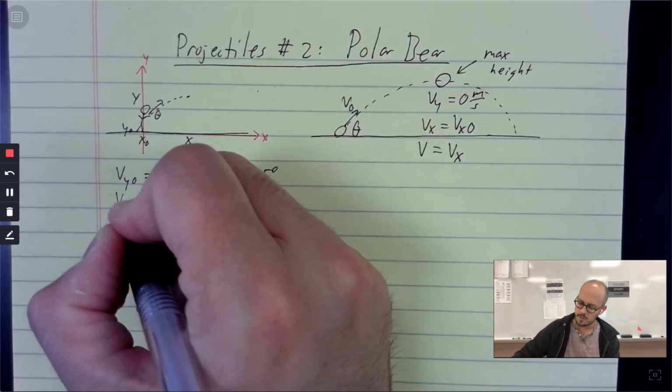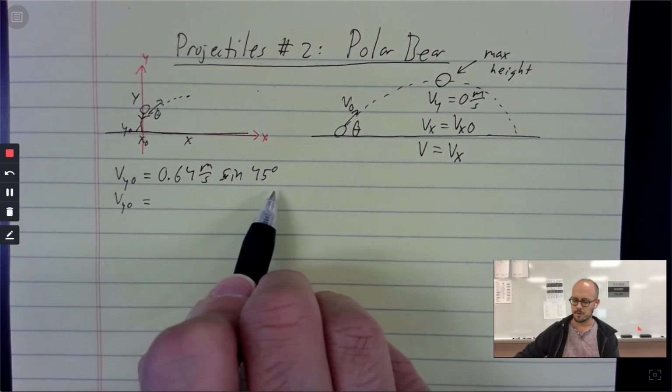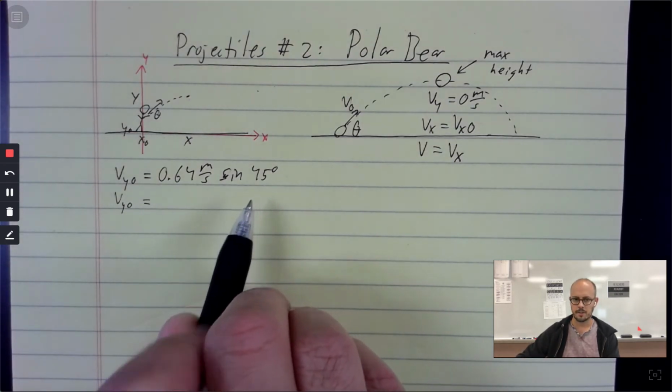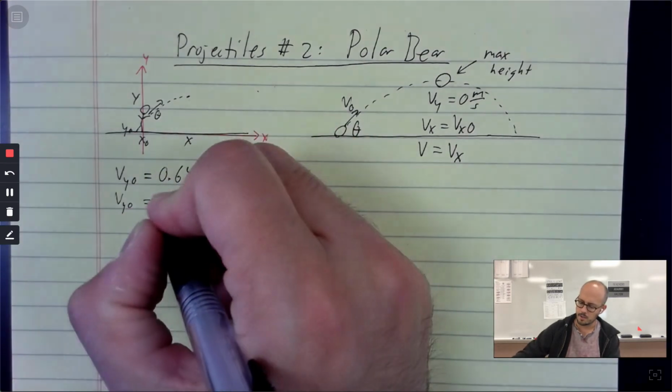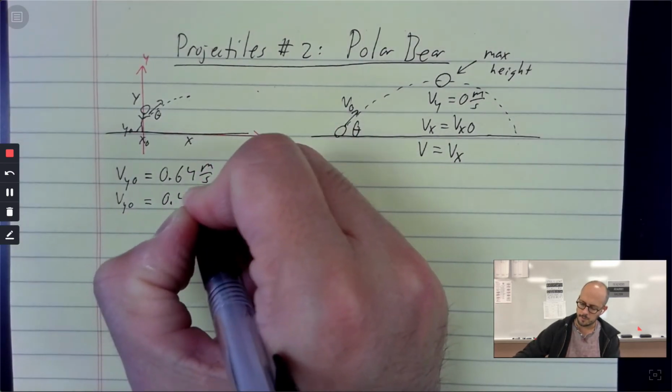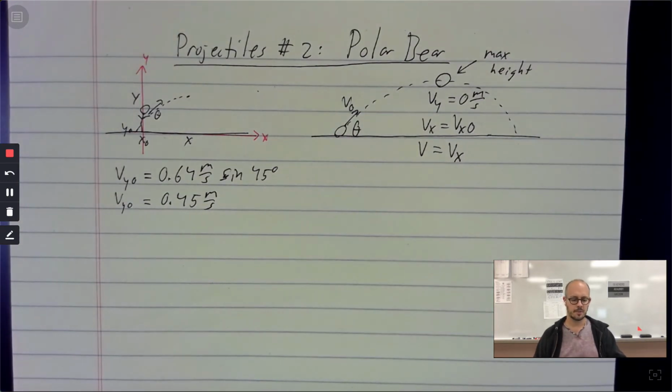Now 45 degrees is a nice angle. It essentially means you only have to do the trig once if you want to, because a right triangle that has a 45-degree angle has two sides that are the same length. So this Vy naught, which is 0.45 meters per second, also happens to be Vx naught, but that's not important in this problem. So that's our starting value.